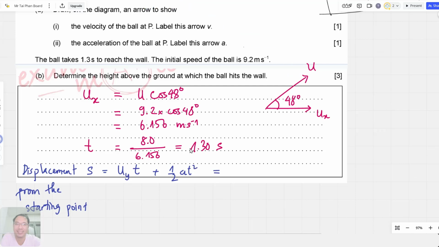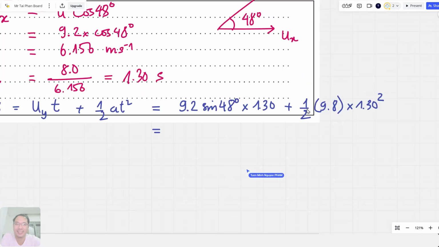Substituting values into it, uy, the initial vertical velocity, is 9.2 multiplied by the sine of 48 degrees, not the cosine. The time is 1.3 seconds. Then 1/2 of 9.8 and 1.3 squared. Okay, please calculate this displacement.